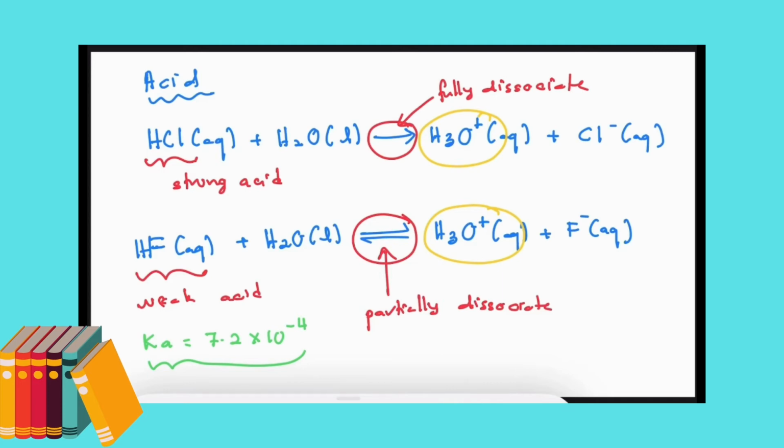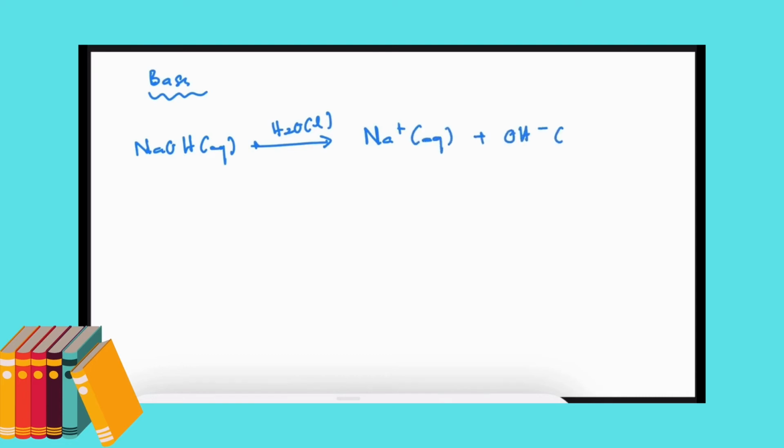Okay, now let's look at another example. Let's say we have a base. For example, sodium hydroxide. This is a very common base. When it undergoes reaction with water, it will produce... Another one is ammonia.